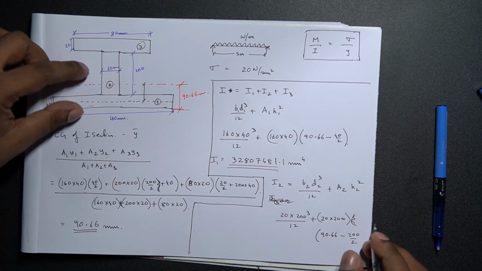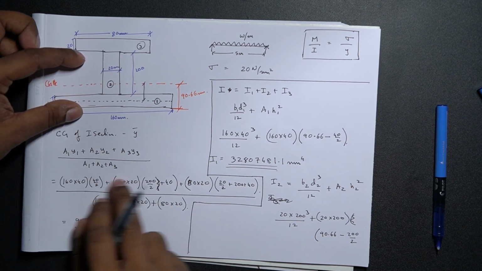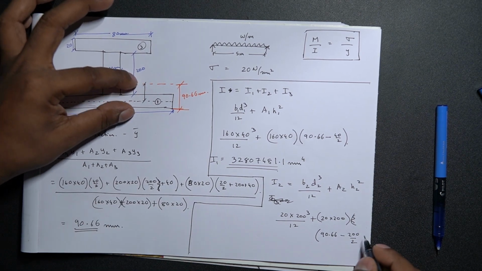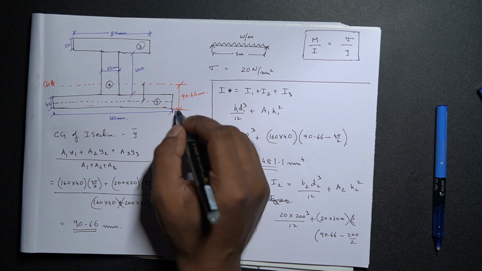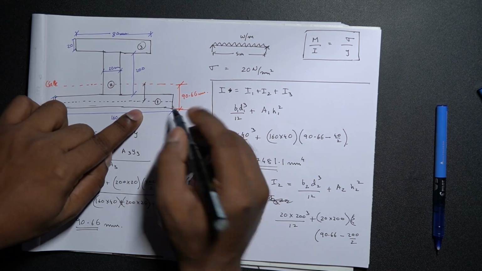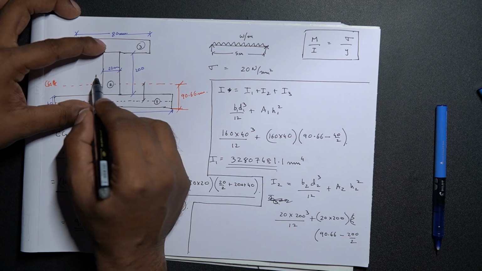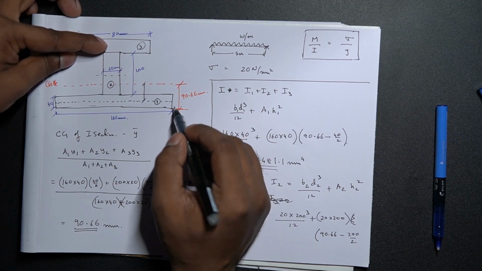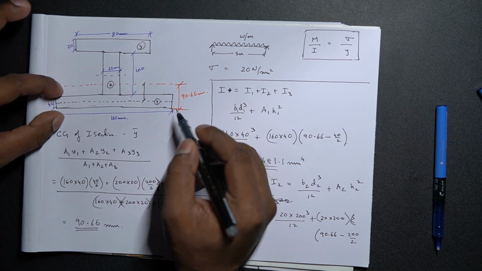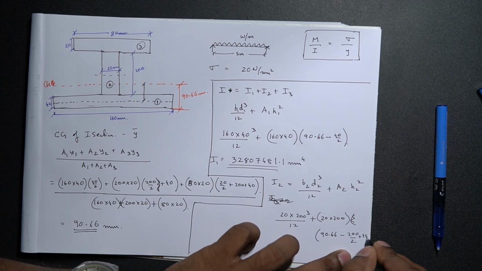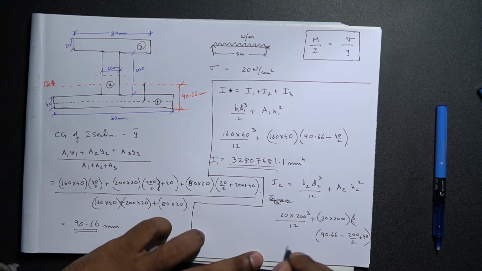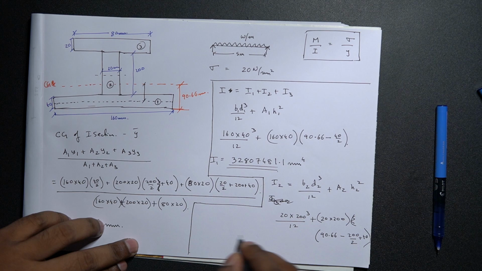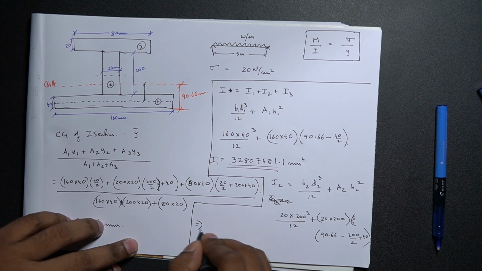Just like how you did for the center of gravity of the entire I section, you have to add the remaining portion of the bottom part with reference to the bottommost x-axis. That is 200 by 2, the center of gravity of the second section, plus the remaining 40 mm, which is the depth of the remaining section. So 200 by 2 plus 40. This can give us an answer.